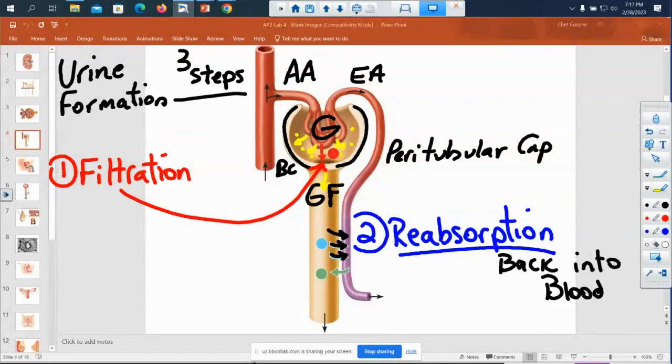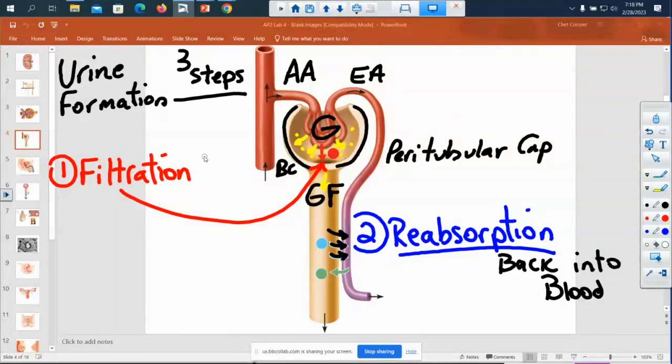And so whenever fluid, salt, sugar, whatever, leaves the tube, proximal, loop of Henle, distal, even collecting duct, and goes back into the blood, we call it reabsorption. You may remember there's some hormones that cause the reabsorption of salt. And water follows, and it raises blood volume and blood pressure. Don't worry about it, okay? But the point is, we know reabsorption means it moves into the blood.